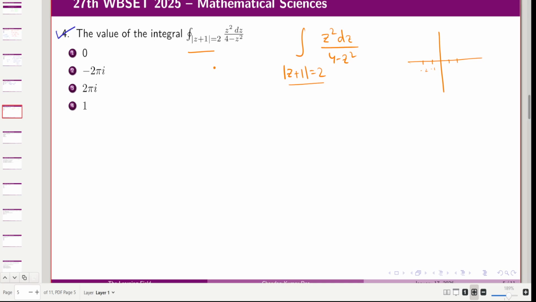This is a circle centered at minus 1 with a radius of 2.